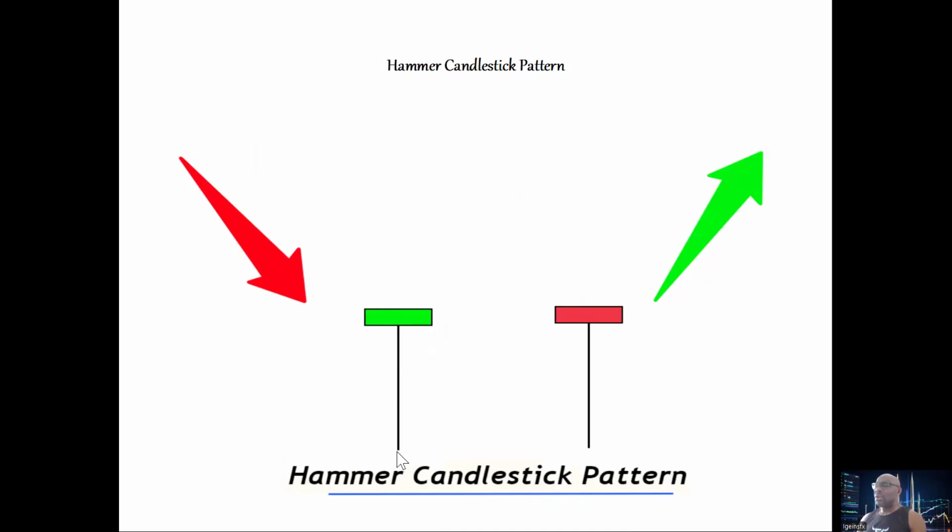They took the price down to this level. Now you discover that before this whole candle closed, buyers rejected the price all the way from here to this point. You see?